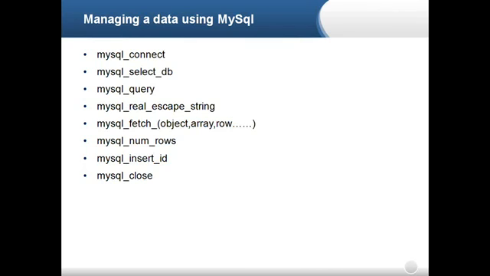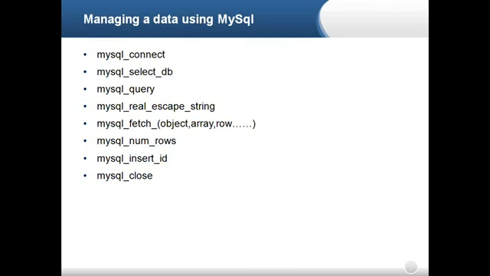The next is mysql_query. This is to execute any DML statement, data manipulation statement, whether you want to add data, delete, modify, start your transaction, commit, rollback, everything. mysql_real_escape_string: this escape string function basically helps you to prevent your data from SQL injections.